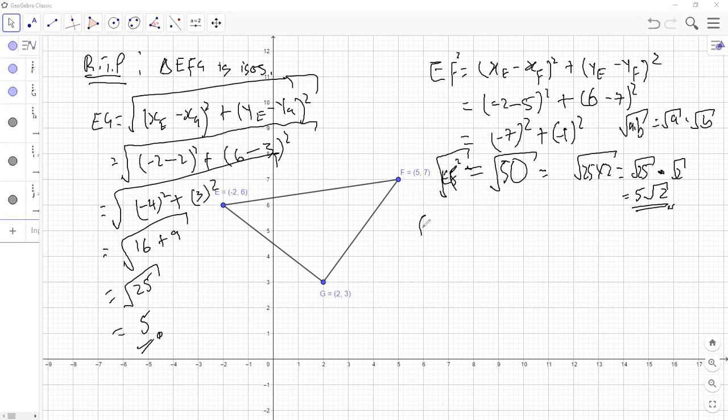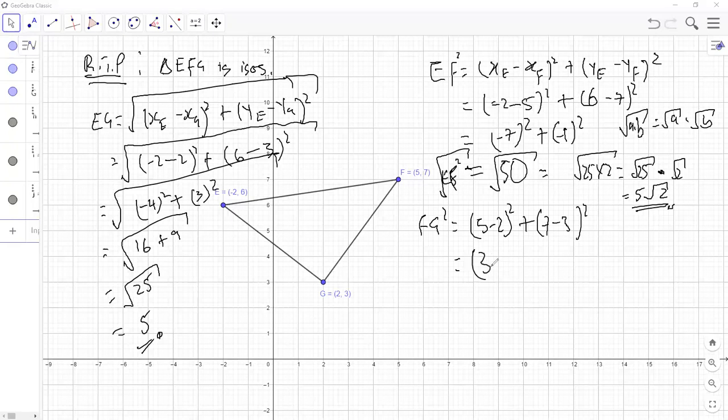If you are going to find the distance FG, we still go around with the same drill. I'm not going to put down the formula here. I'm just going to go right away and say 5 minus 2, and 7 minus 3. You should put the formula, okay? I think we now know what we are expecting here. This should be 3 squared. That should be 4 squared. And this is, of course, 9 plus 16, and then this is 25.